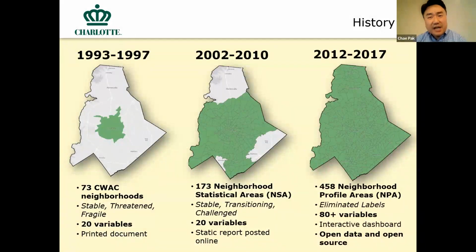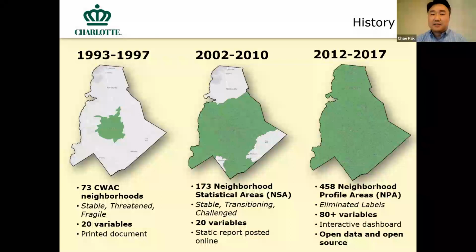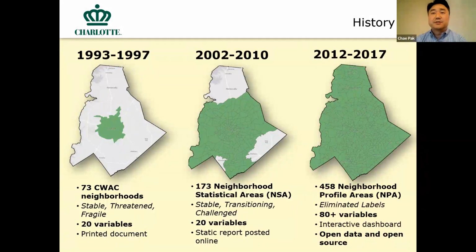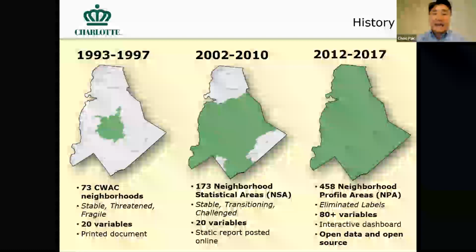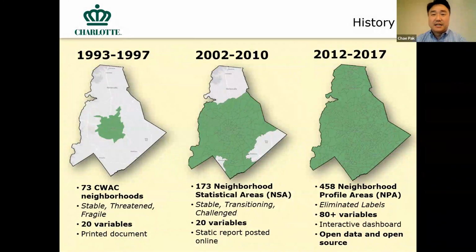It covers the entire county now, and it got rid of those labeling indexes, but rather just displays profile data to leave the interpretation to those users and viewers, and provides a much broader choice of indicators by looking at 80-plus variables.